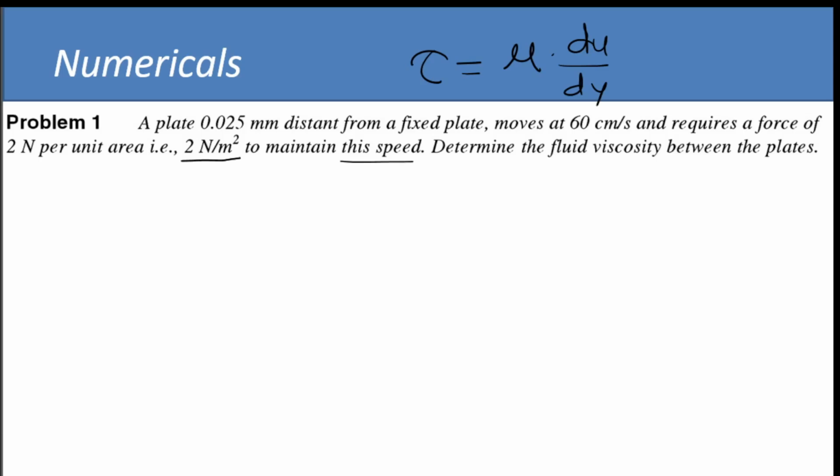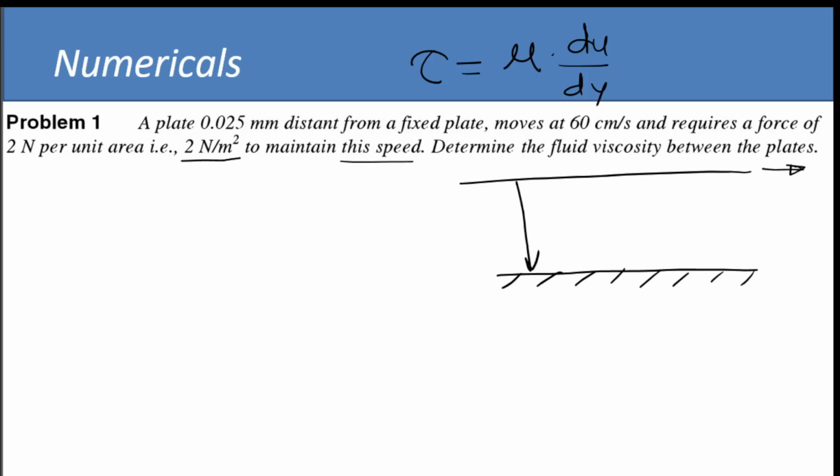So in this numerical, what things are given? There are two plates. One is a stationary plate and the other plate is in motion. The distance between these two plates is 0.025 millimeter.